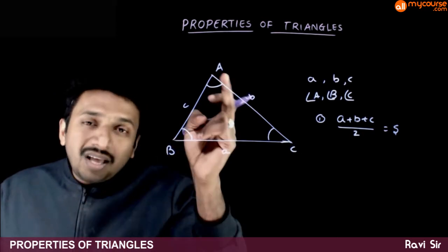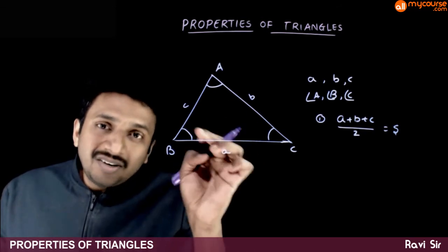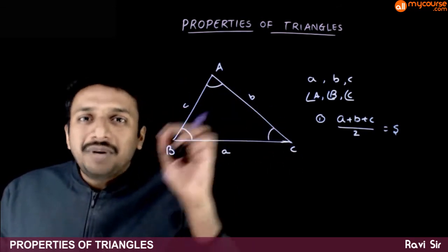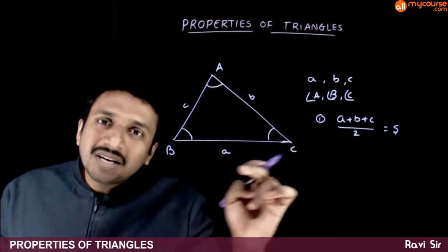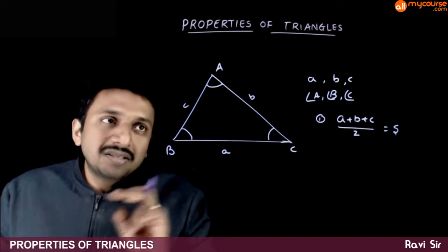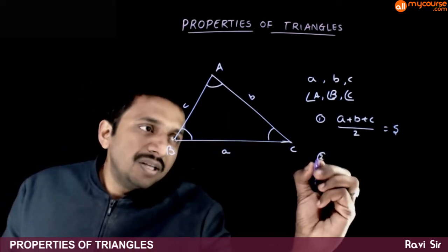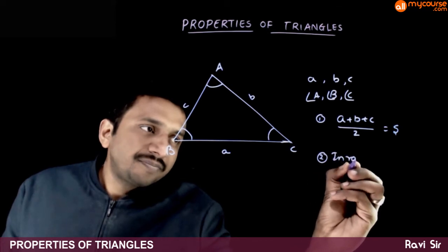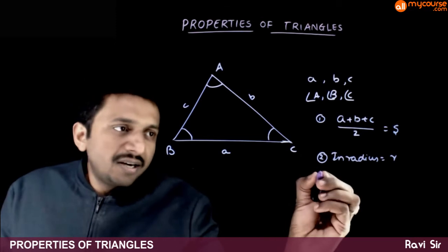And we know that every triangle will have a certain inradius and a certain circumradius. So you have an incircle to a triangle, you have a circumcircle to a triangle. The radius of the circumcircle is called circumradius, the radius of the incircle is called inradius. So the inradius is usually denoted in this chapter by small r.